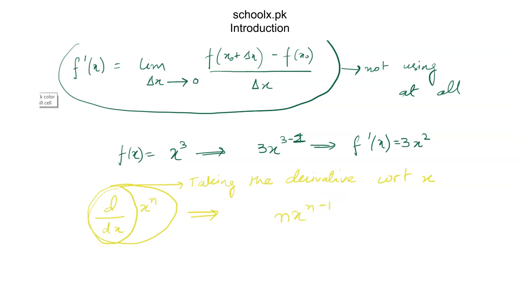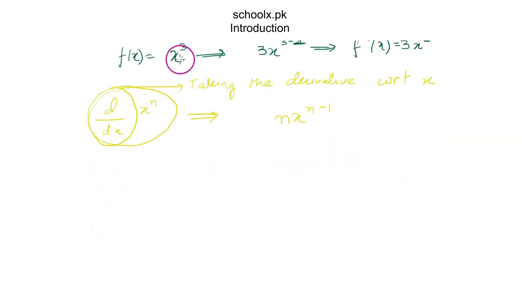So all you have to learn is this: d/dx is the symbol for the derivative term. If you take the derivative of xⁿ, the output will be n times xⁿ⁻¹.